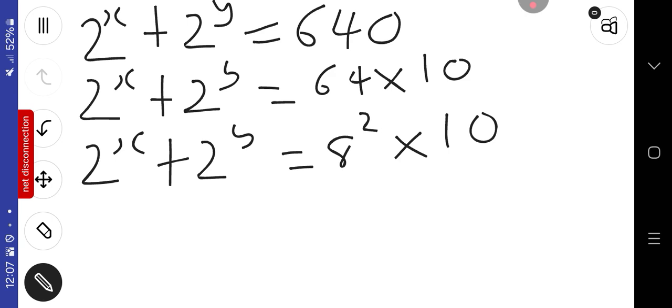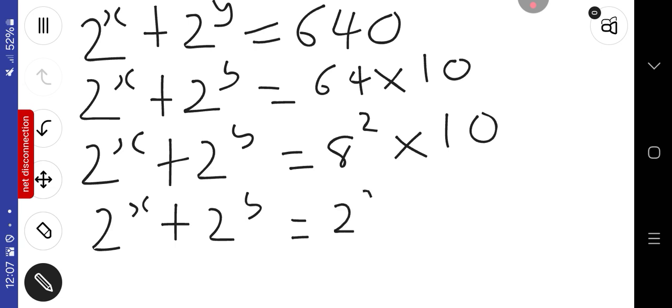All right, let's go further. So we are going to have 2 exponent x plus 2 exponent y is equal to, we can write it as 2 exponent 3, and then we bring our exponent of 2.